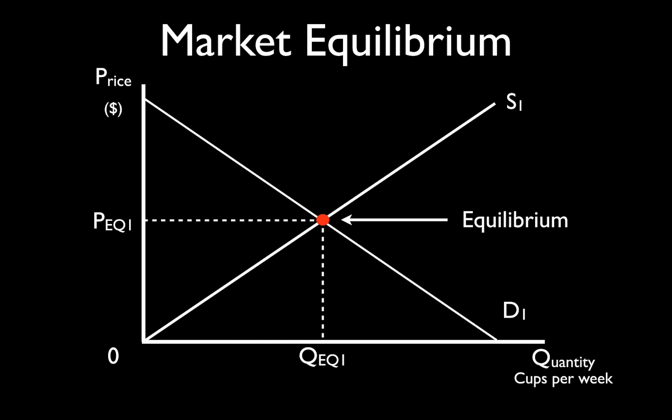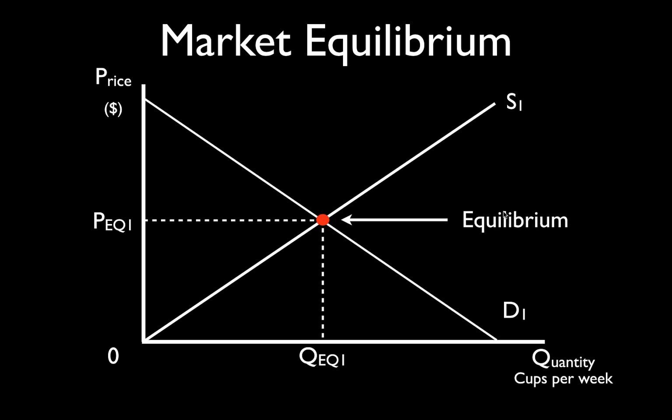So what we want in a situation is that what you are willing and able to buy at a certain price is exactly matched by what the firms are willing and able to sell at that exact same price. And the reason is we want to match the expenditure on resources, the amount of a good we produce. It's all great, we want production to be high, but we want production to match the demand.